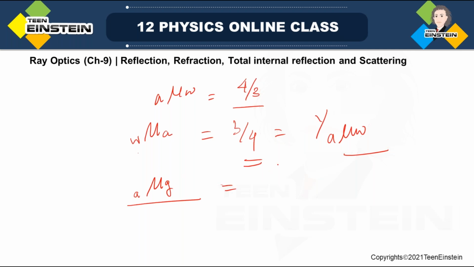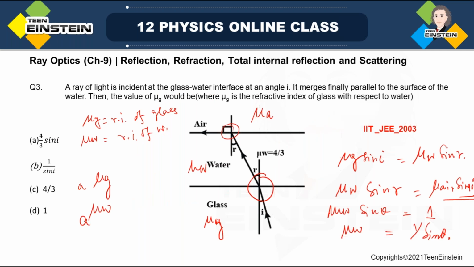Mu w we already know is 1 over sine r, here it is sine 90 degree, and here it is sine r.